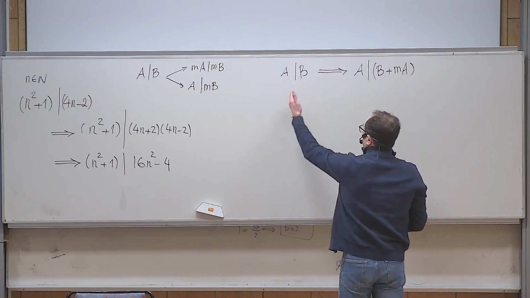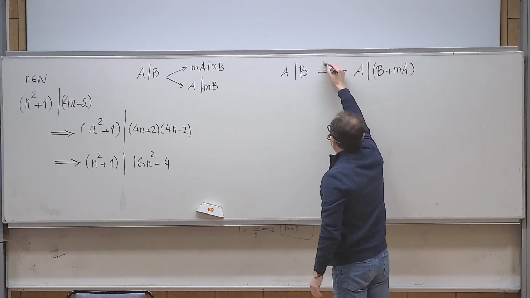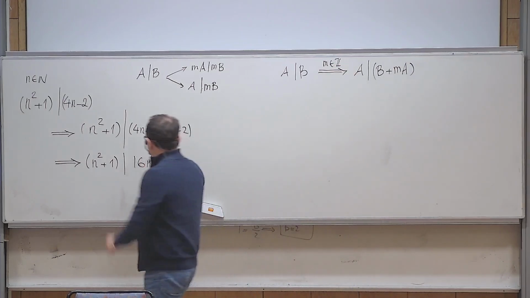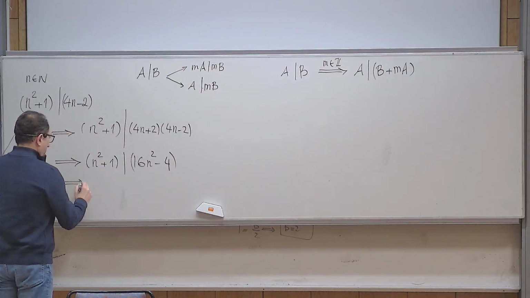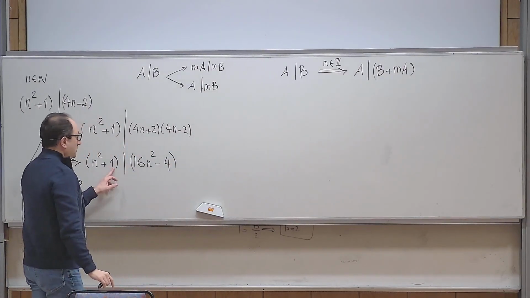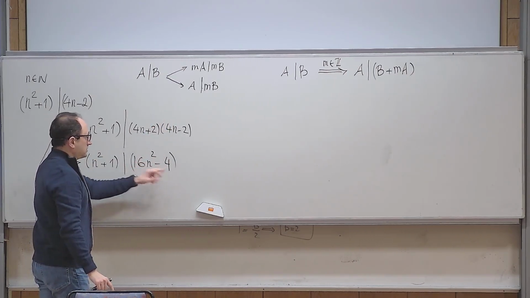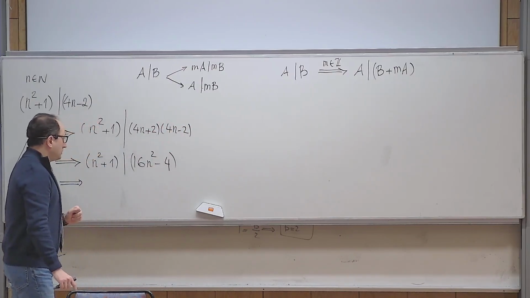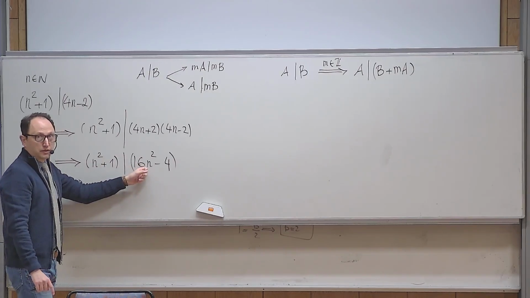Okay, so if you grant me this, I can immediately conclude this if, of course, m is an integer. Okay, so I want to use that theorem. So let me put a pair of brackets. So from here, I want to give the role of a to n squared plus 1. I want to give the role of b to 16n squared minus 4. And I want to give the role of m to negative 16, because my goal is to get rid of this n squared on the right-hand side.